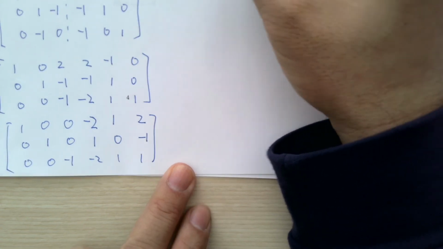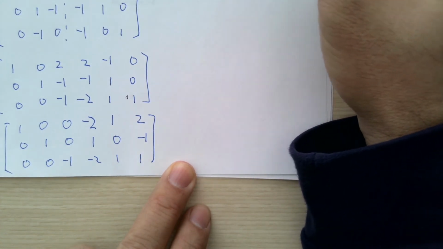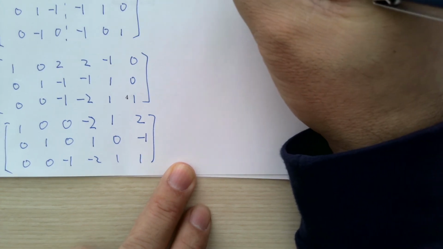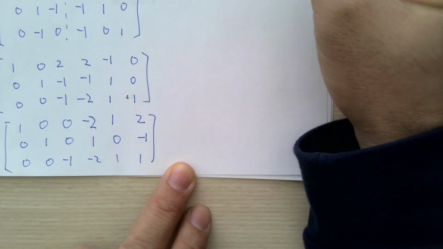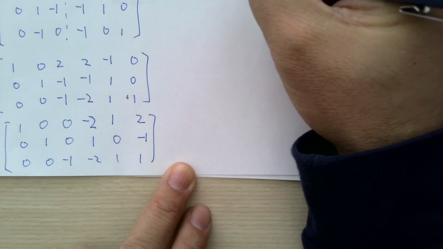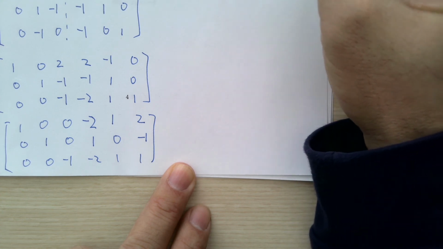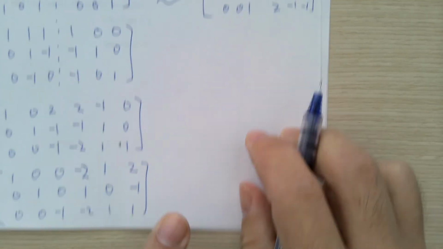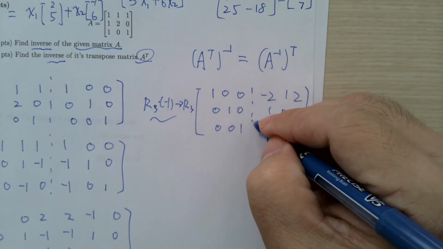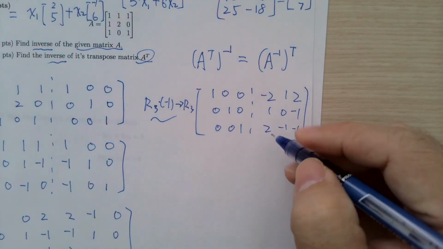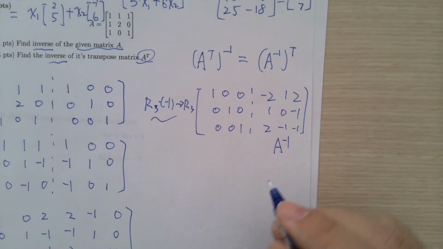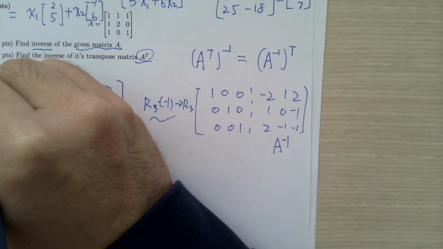So it's 1, 0, 0, negative 2, 1, 2; 0, 1, 0, 1, 0, negative 1; 0, 0, 1, 2, negative 1, negative 1. That's it. Okay, so this is going to be A inverse, from part A.